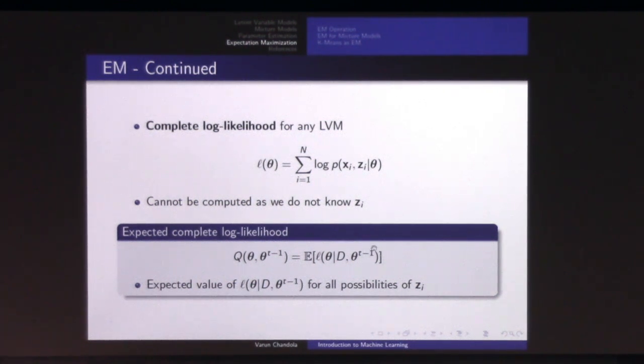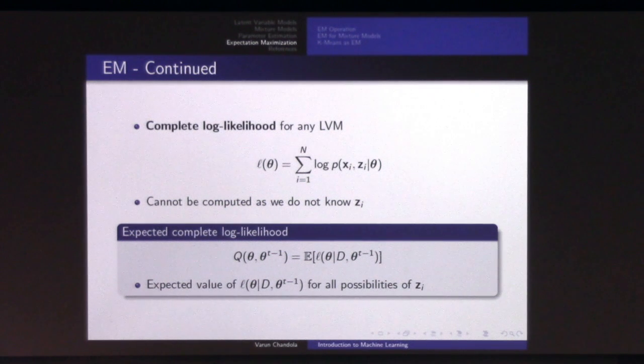So the idea is this, that we don't know what our zi's are, right? If we knew our zi's, then this whole process would have been very easy, right? But we don't know what our zi's are. Zi's are random variables. So what we do is compute the expectation of this function over all values of zi, right? What is expectation?